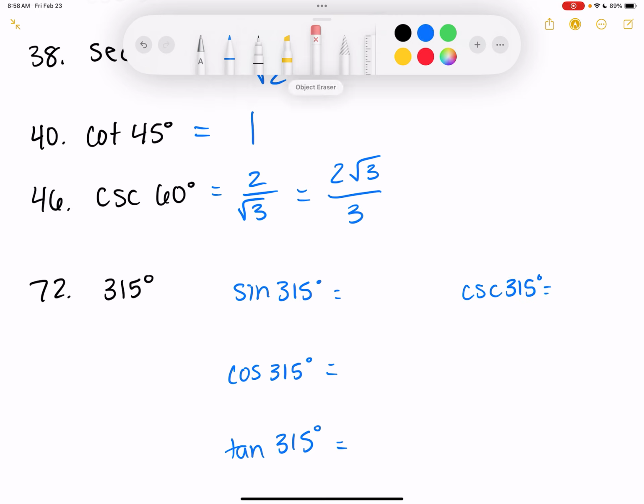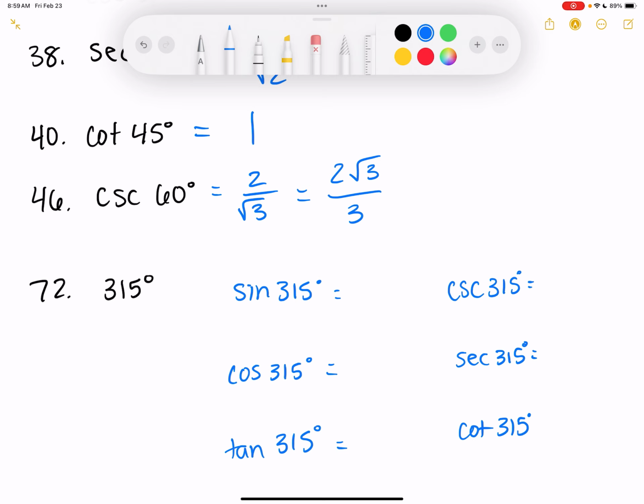Let me move this over. All right, so using your unit circle, 315 degrees is on the unit circle, so what is the sine of 315 degrees?